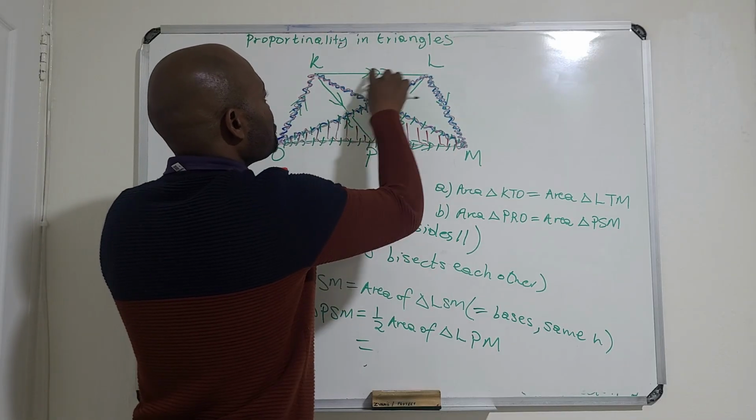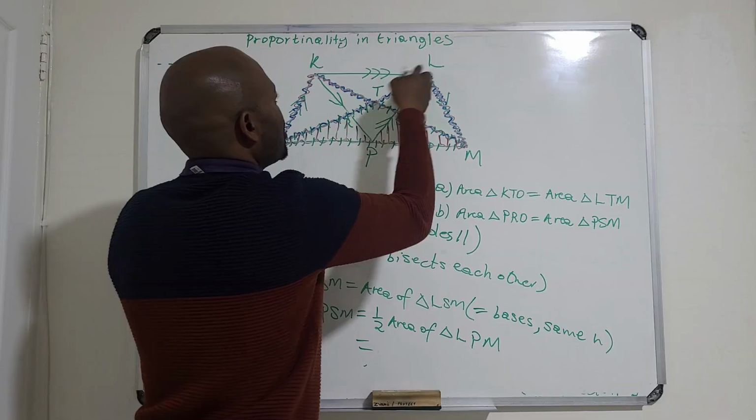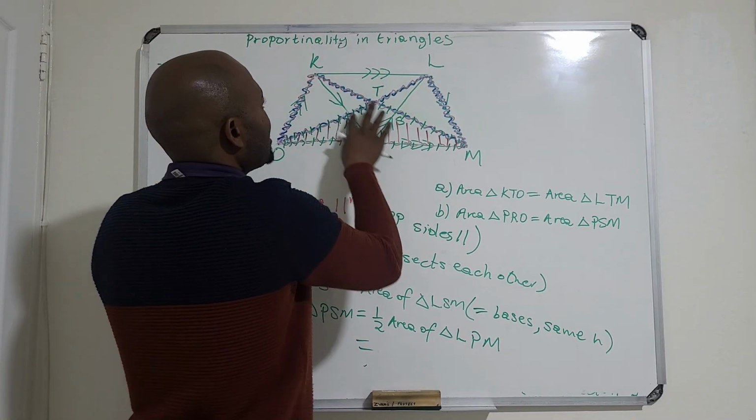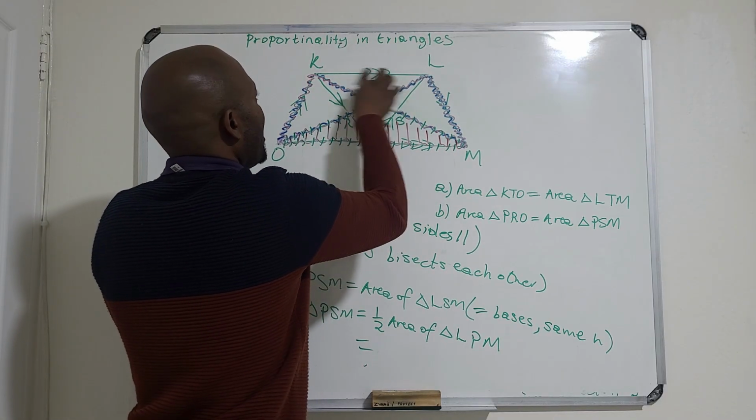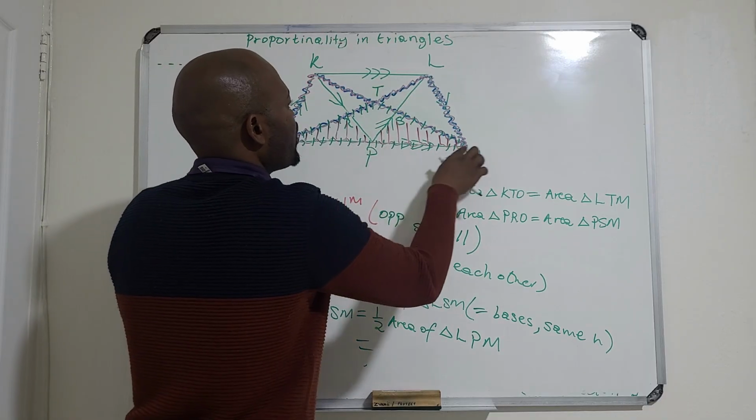Since diagonals bisect the area of a parallelogram, this diagonal bisects the area, so the area here is equal to the area there.